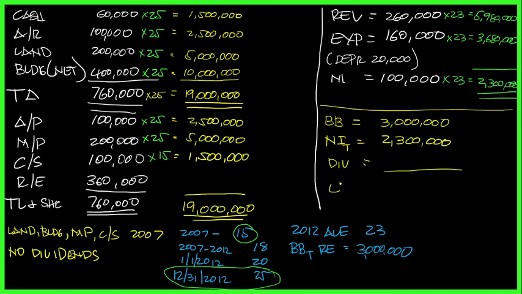So, the ending balance is now 5,300,000. Balance na ba? Ayun. We now have 5,300,000.